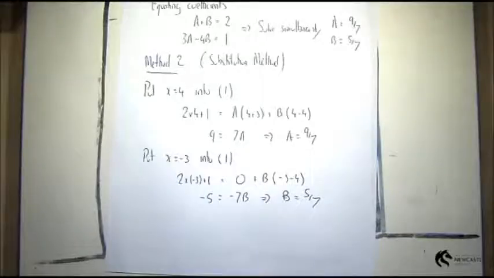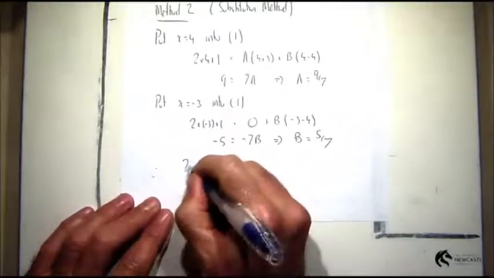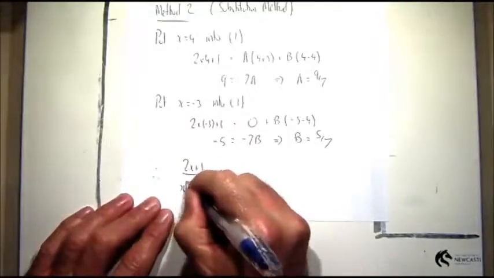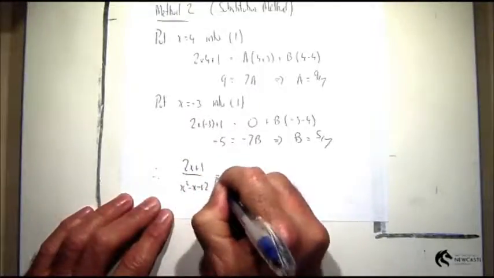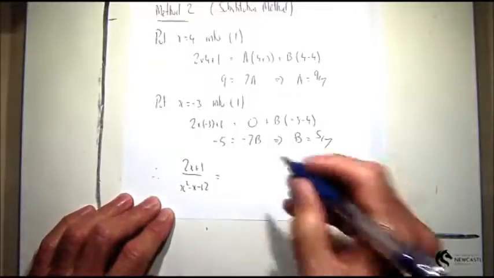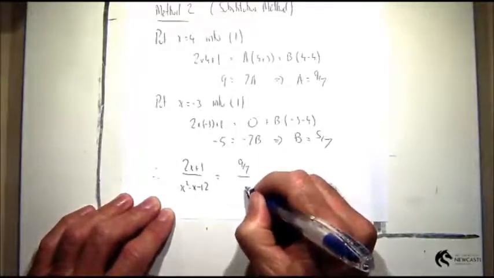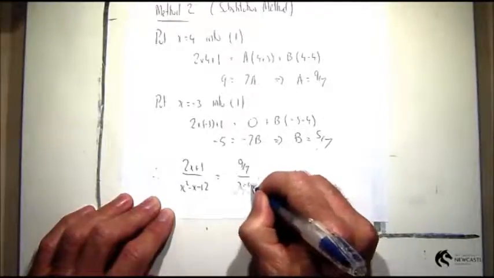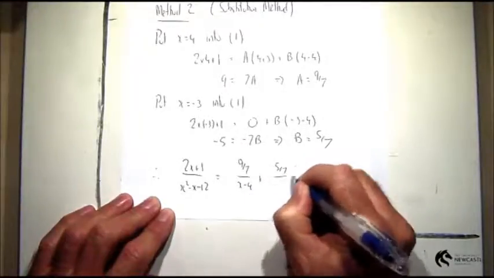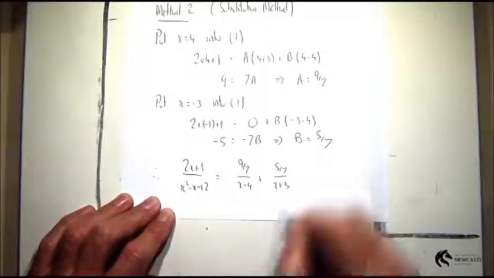And so what we have found out of all of that is, therefore, 2x plus 1 on x squared minus x minus 12 is equal to 9/7 over x minus 4 plus 5/7, if you like, over x plus 3.